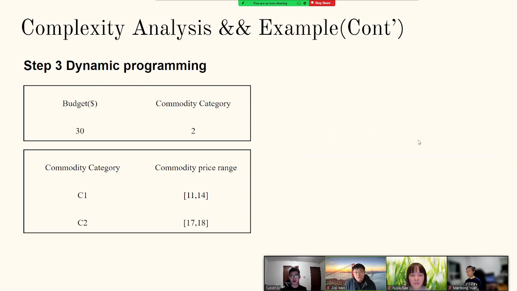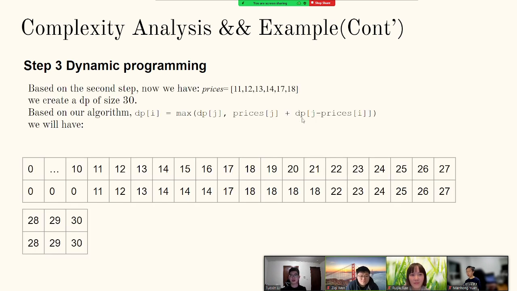Okay, based on the information from step 1 and step 2, we can finally reach the final step. We are going to use dynamic programming to solve this question. Remember that we have this equation: dp[n] equals this expression.